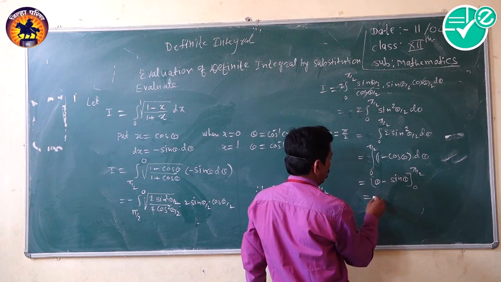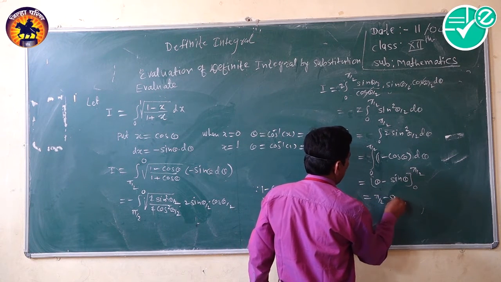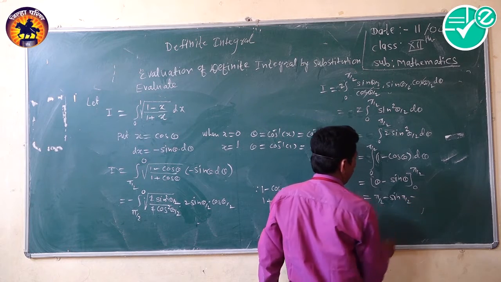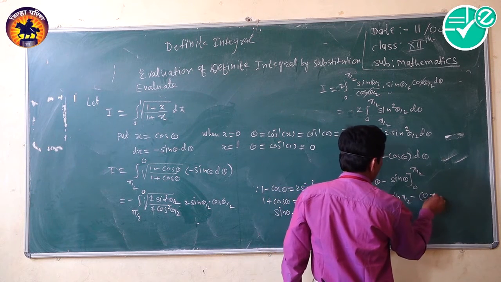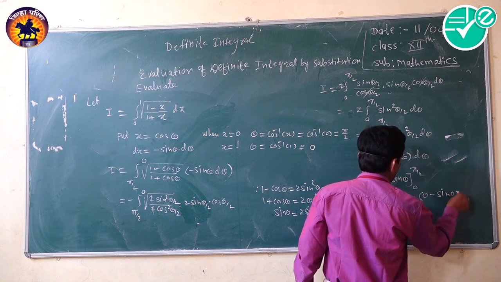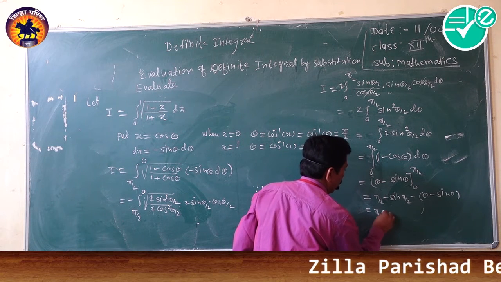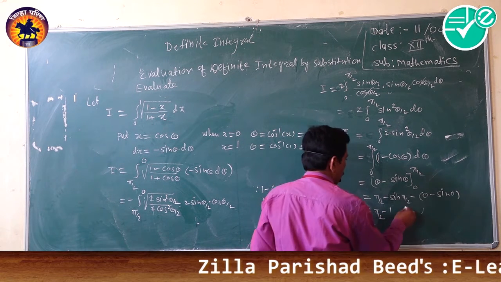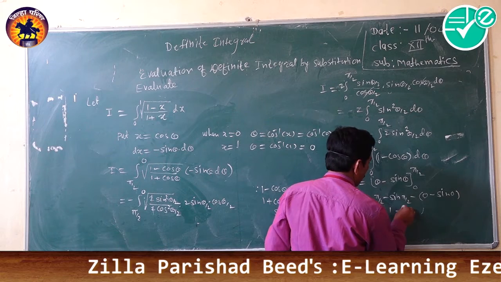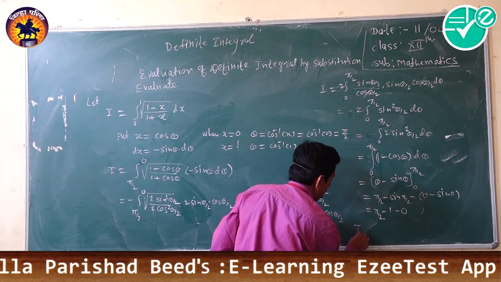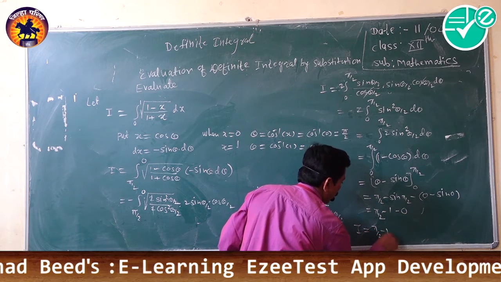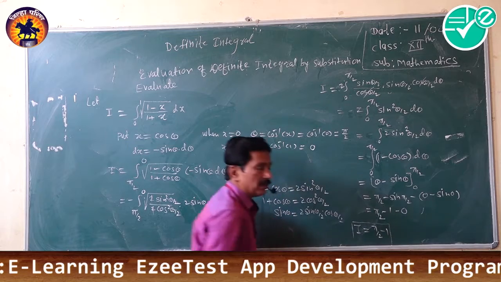This is equal to the integration of d theta, which is theta, and the integration of cos theta is sin theta, with the minus sign, and limits 0 to pi by 2. This is equal to pi by 2 minus sin pi by 2, minus the lower limit 0 minus sin 0. That is pi by 2 minus 1, and this 0 is nothing. Therefore I is equal to pi by 2 minus 1. This is the answer.